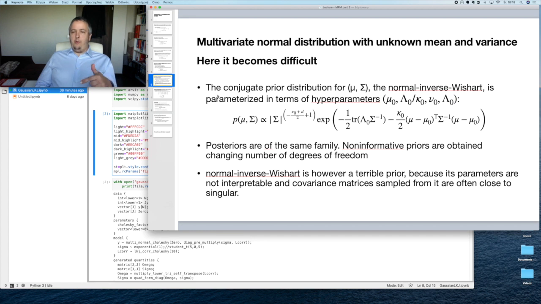It is the so-called normal inverse Wishart distribution, which is a known distribution, so it's implemented in software, and it depends on multiple parameters: mu 0, lambda 0, kappa 0, eta 0, and all those parameters are used to construct this distribution that is somewhat similar to multivariate normal. Posteriors, after multiplication, are also of the same family.